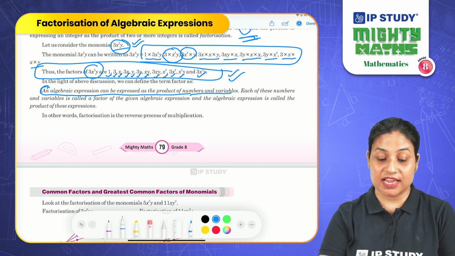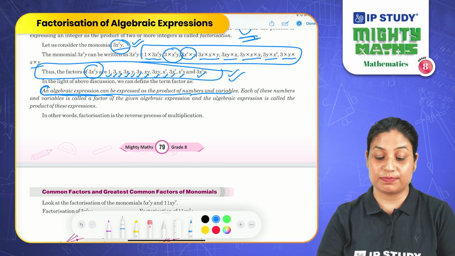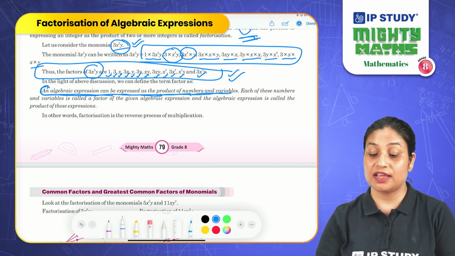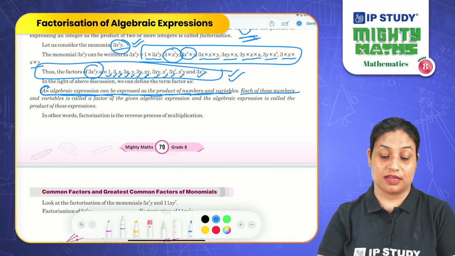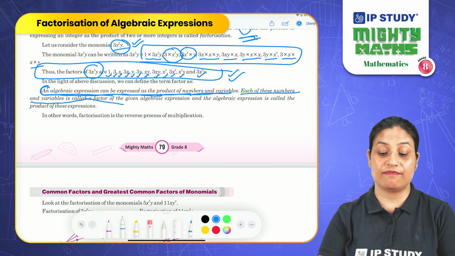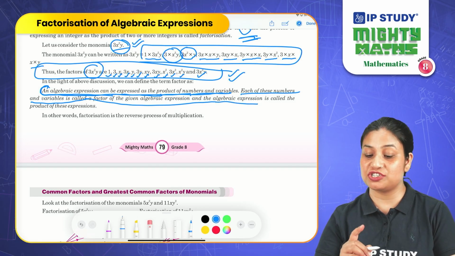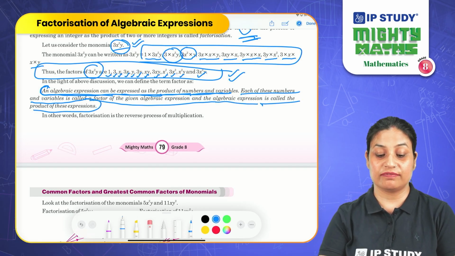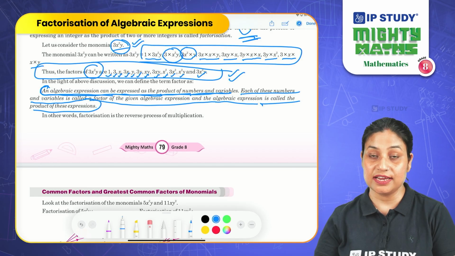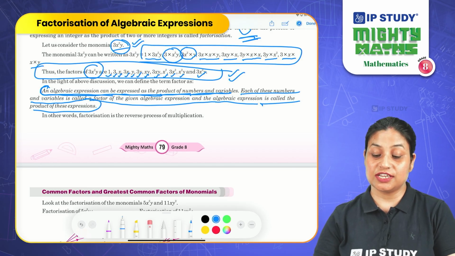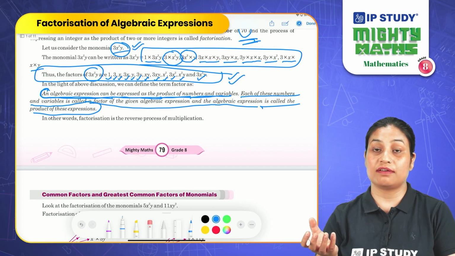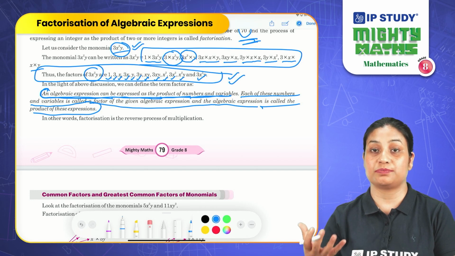So it is saying an algebraic expression can be expressed as the product of numbers and variables. Each of these numbers and variables is called factor of the given algebraic expression, and the algebraic expression is called the product of these factors, right? So this is all about how to find out factor of an algebraic expression.